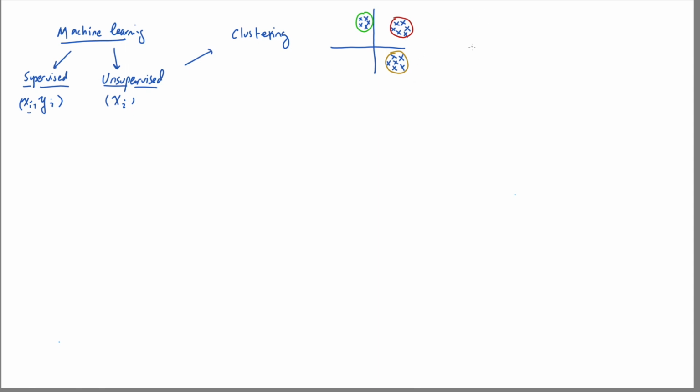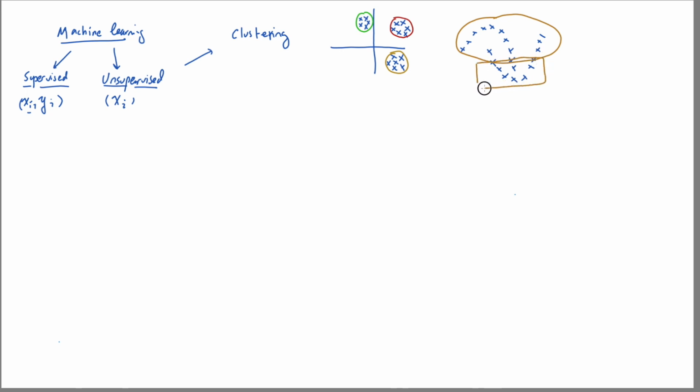Other types of clustering, for example, you could have data like this. How do you cluster this thing? Well, there's no right or wrong answer. Some clustering algorithms might give you an answer that looks like this.